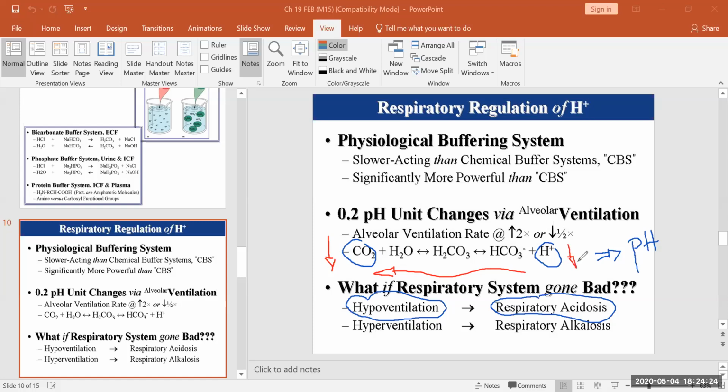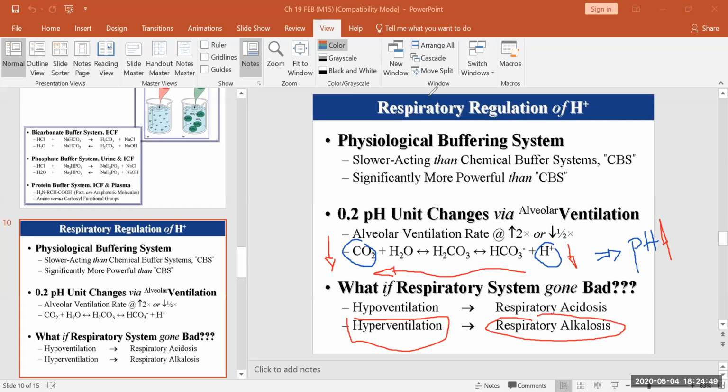So free-floating protons drop, pH will increase. So when CO2 drops is when you are hyperventilating. You're breathing at a high rate, right? Hyperventilating. And when that happens, you have respiratory alkalosis.